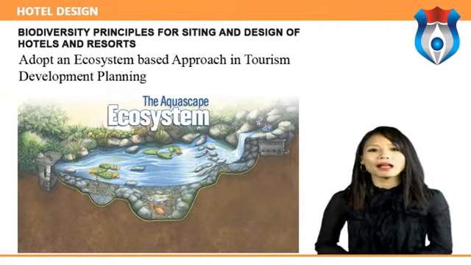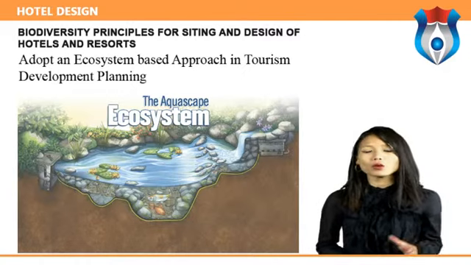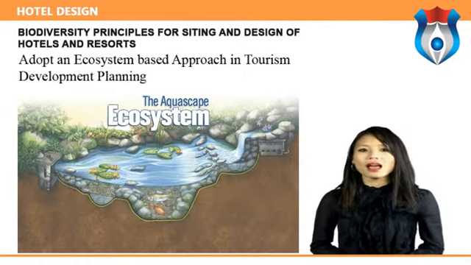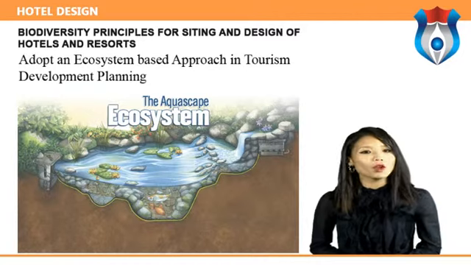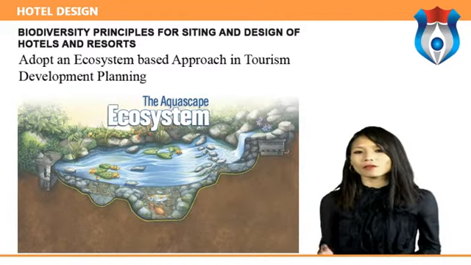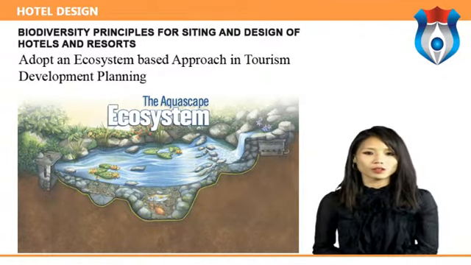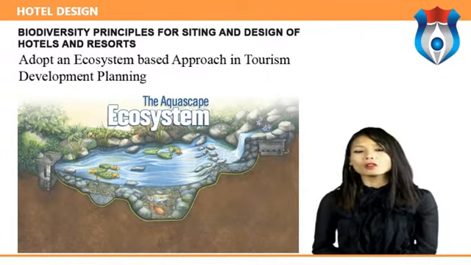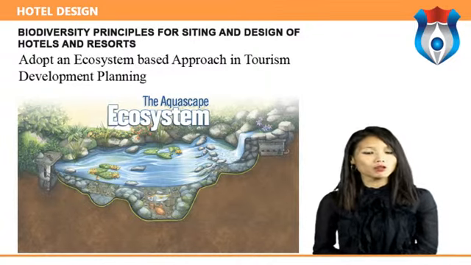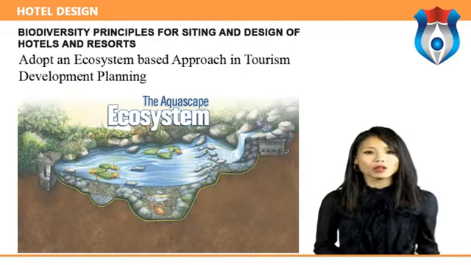Hotel and resort planners and governmental agencies consider the dynamics of ecosystems, their services and interconnectivity when developing new hotels and resorts and take into account the impacts that the developments could have on all components of the ecosystem concerned. Tourism planning adopts ecosystem-based approaches in order to maintain the integrity and essential values and services of ecosystems.